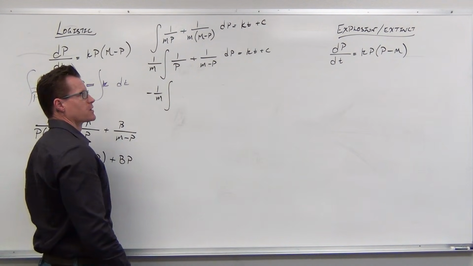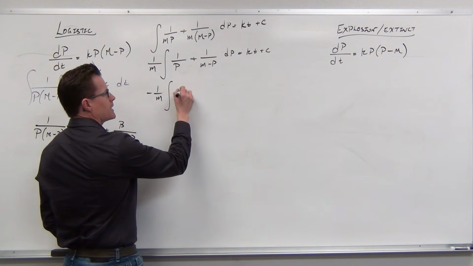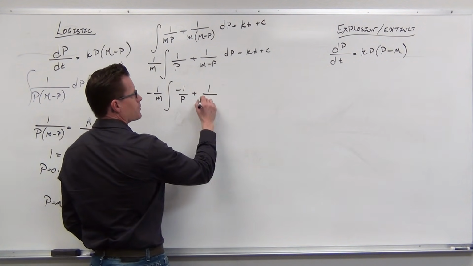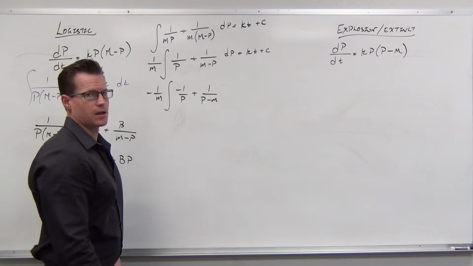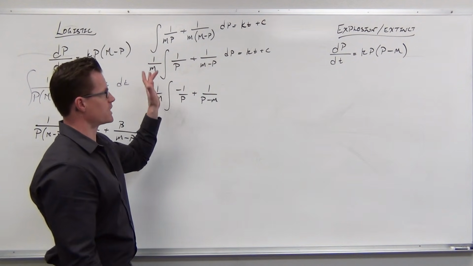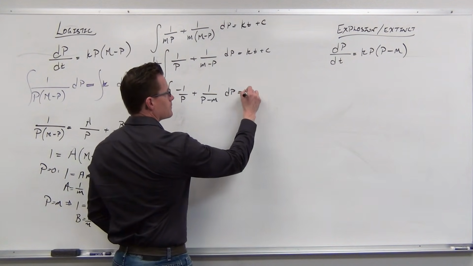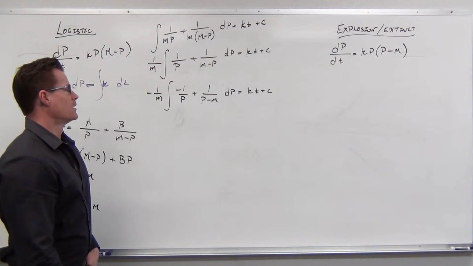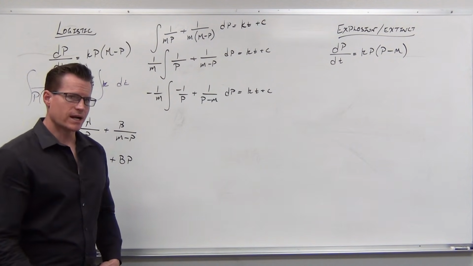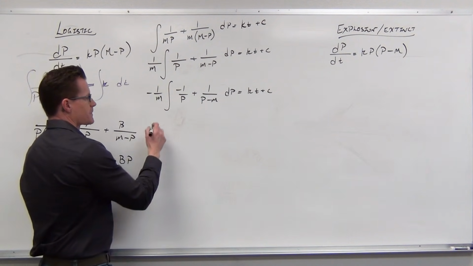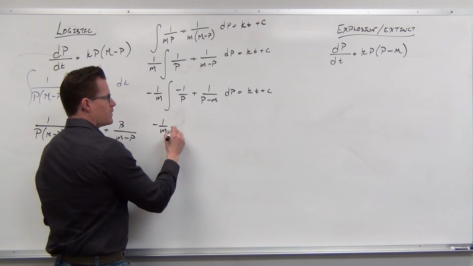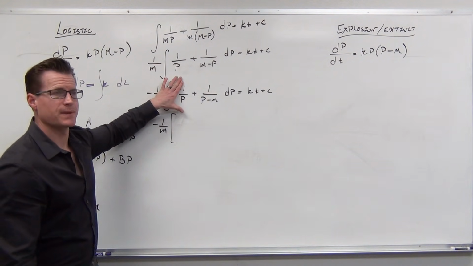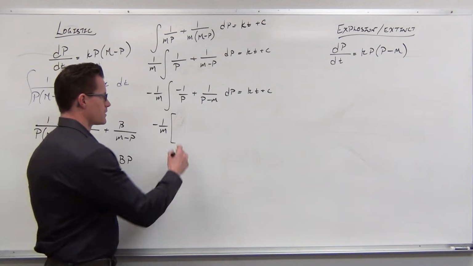Now what would happen if I factor out a negative is I'm going to get negative 1 over P plus 1 over P minus M, not M minus P, because I factor the negative and we change that sign. Now, I'm actually ready to do this integral. If I integrate this, this would be a negative 1 over M, and we would get, let's see, 1 over P, that's ln absolute value P, but I have a negative in front.